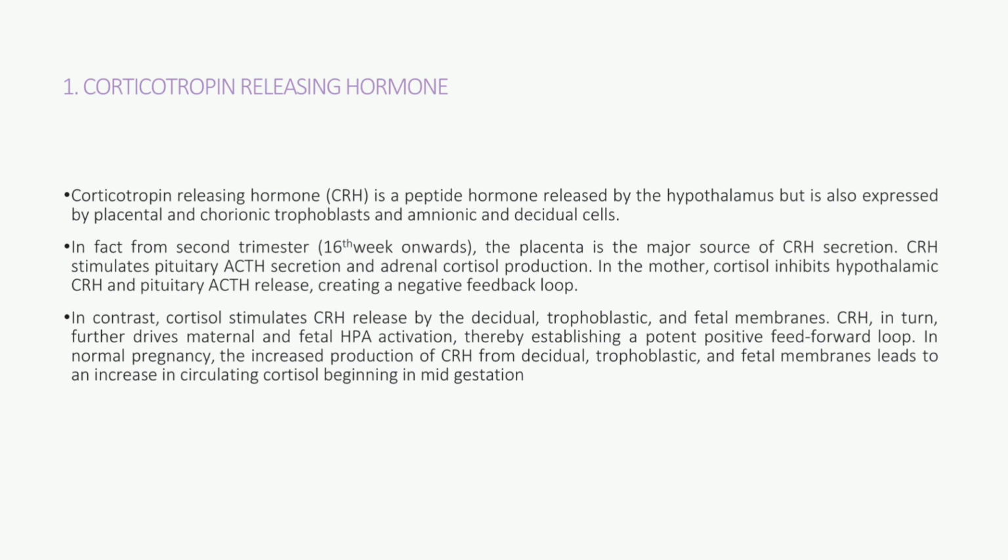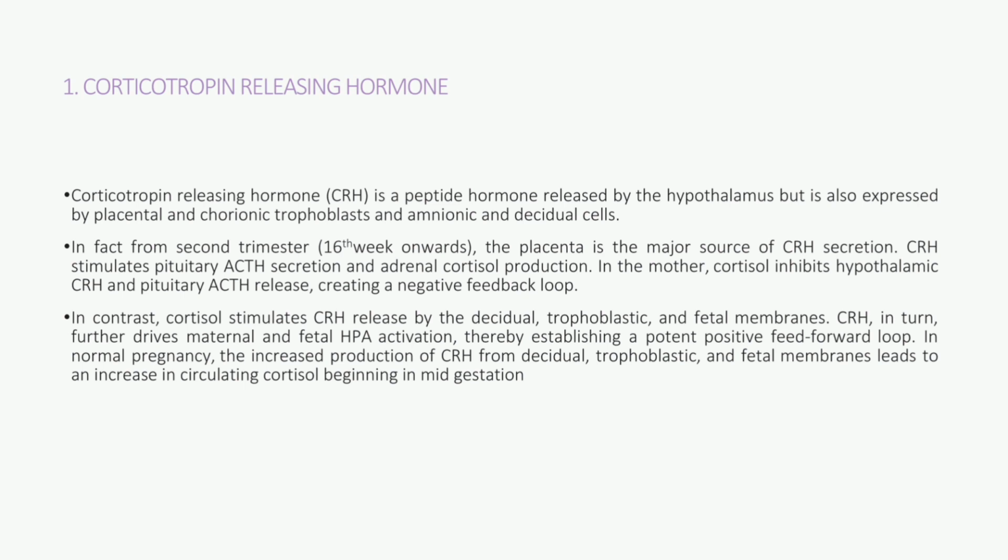So corticotrophin releasing hormone. It is a peptide hormone released by the hypothalamus, but it is also expressed by the placental and chorionic trophoblast and amniotic and decidual cells. In the second trimester, that is from the 16th week onwards, the placenta is the major source of corticotrophin releasing hormone secretion. So the CRH stimulates the pituitary ACTH secretion and adrenal cortisol production.